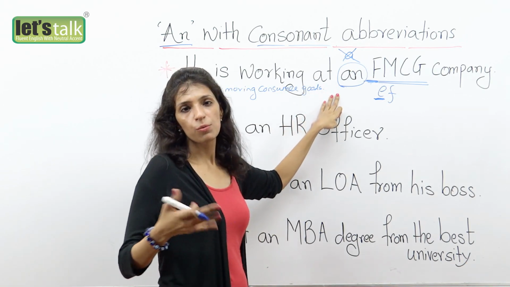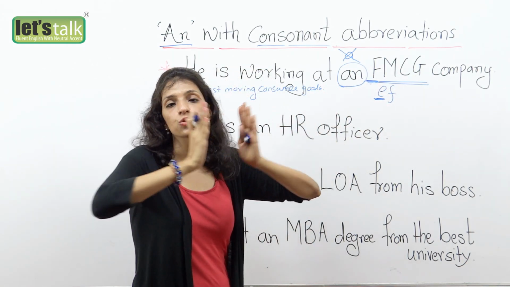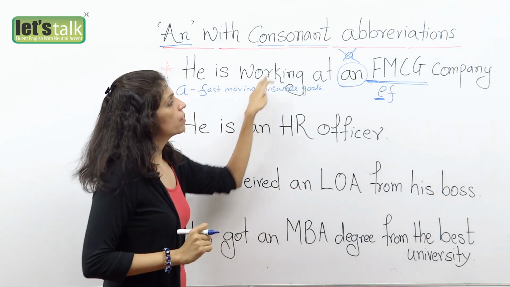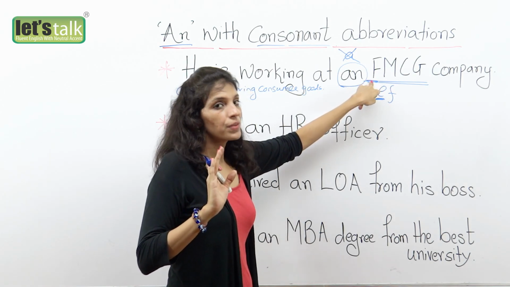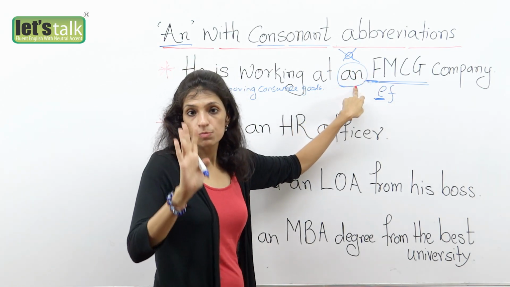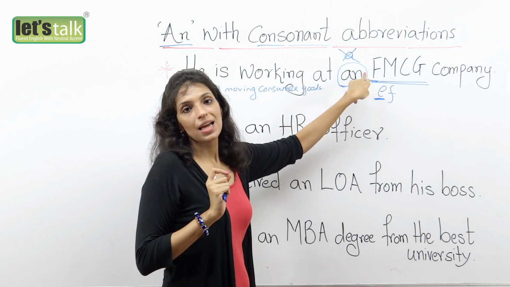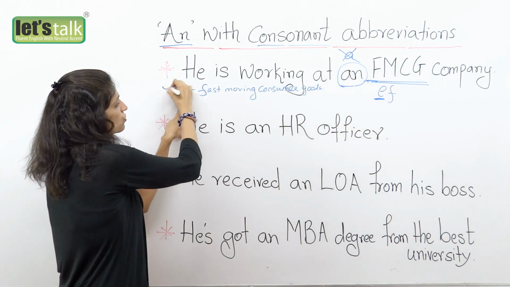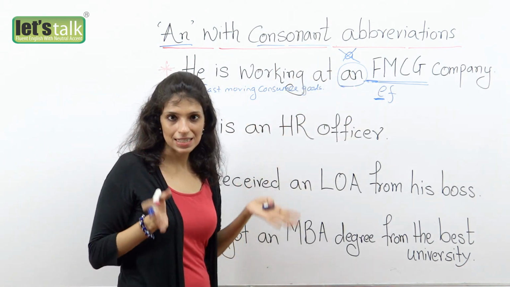Everyone says, oh, I work at an FMCG. So we always use acronyms because the full form is a bit too long. So remember, because it starts with a vowel sound, you use an. But remember, once again, only in abbreviations you use an. If you say the full form, you use a. Alright, though it's a consonant, it's got a vowel sound.